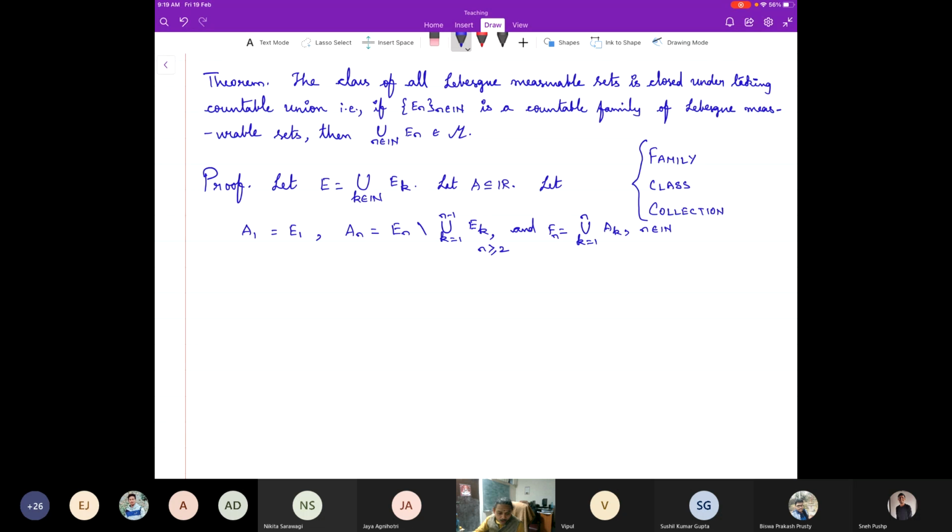So now, what can you say about the An's? Disjoint. Yes, exactly right. They are in fact pairwise disjoint: Ai intersection with Aj is empty whenever i is not equal to j.